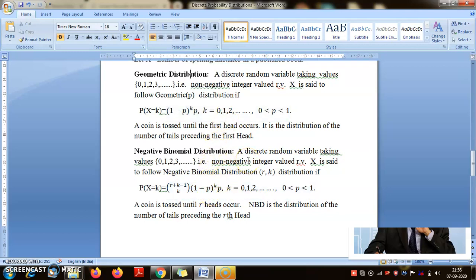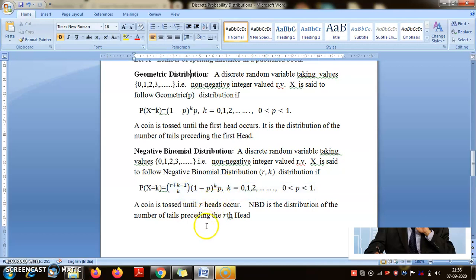Now I leave it as an exercise for you to verify that this represents a probability mass function, that is, the sum over k is indeed 1.